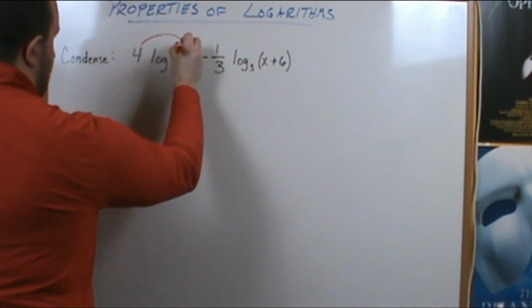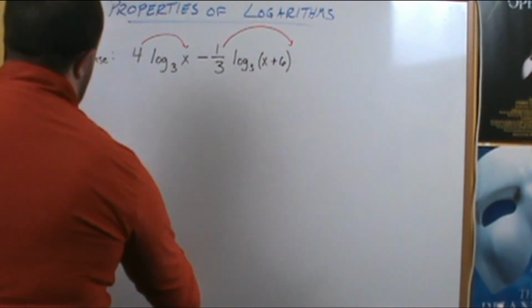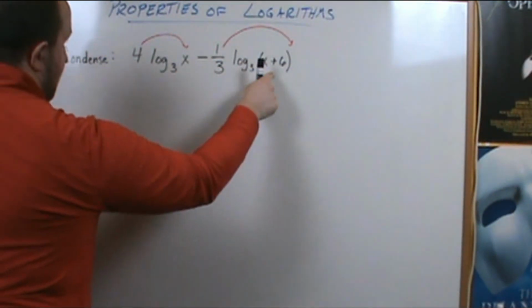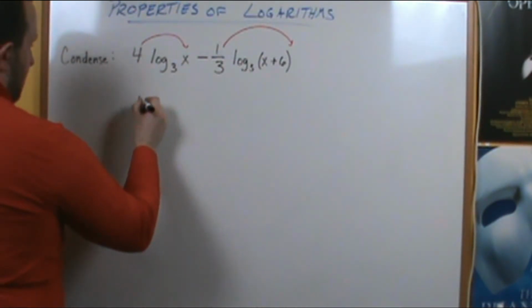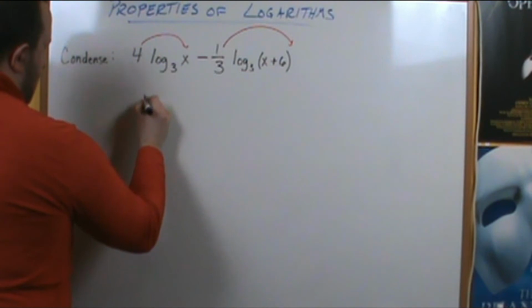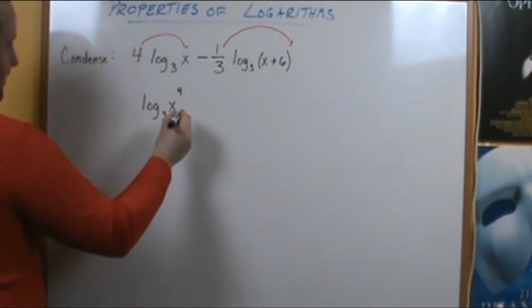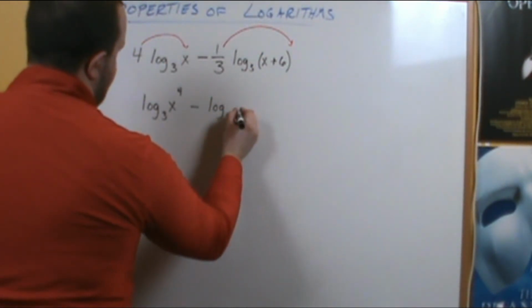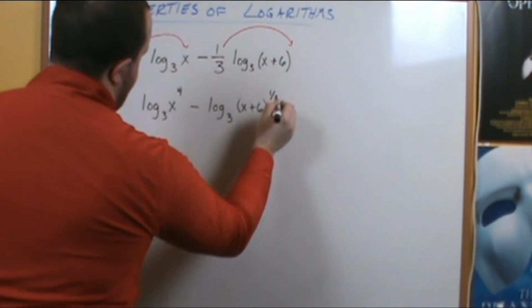We will use the power property of logarithms to associate them with these two terms respectively. So we'll get log base 3 of x to the 4th minus log base 3 of x plus 6 to the 1/3.